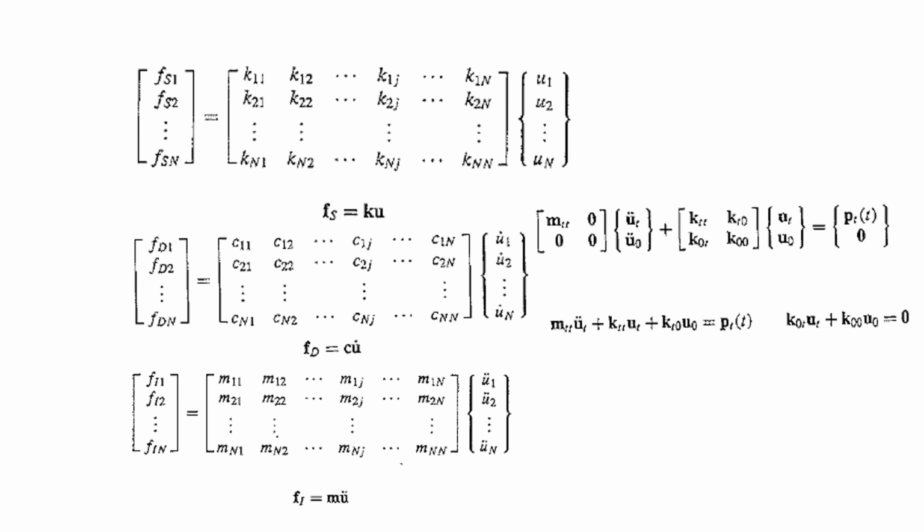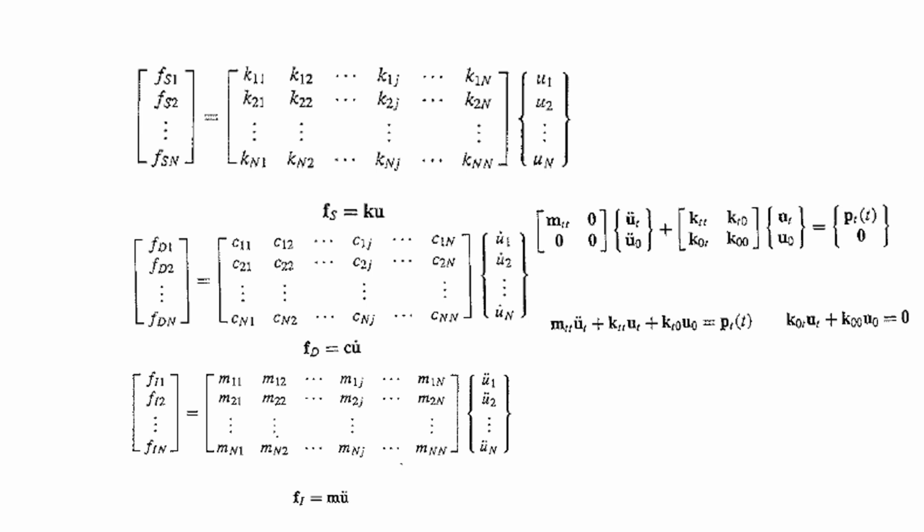If you write this down, we can easily divide this matrix into two components, the non-zero ones and the zero ones. There are certain degrees of freedom like u0 which are associated with the 0 mass, and ut which have certain value at any time t.